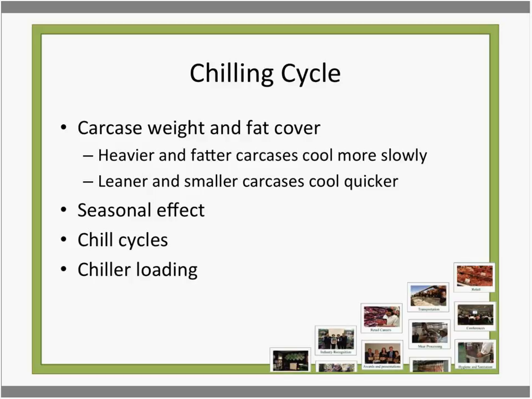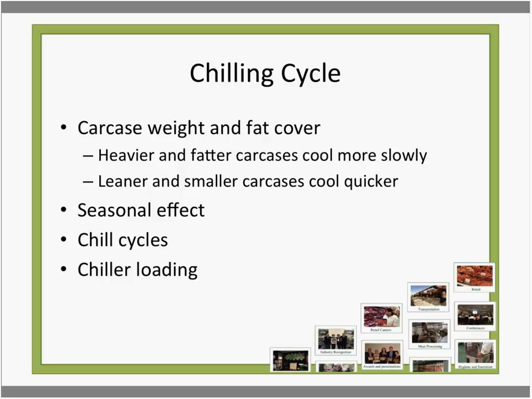I've got chill cycles written in there as a point. Most of what we do for food safety is to ensure that we get the temperatures down to the requirements within the required time to prevent microbiological growth on the product.